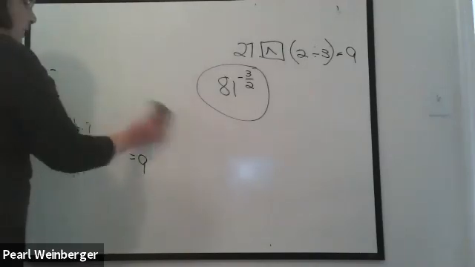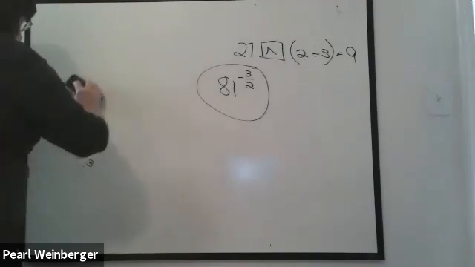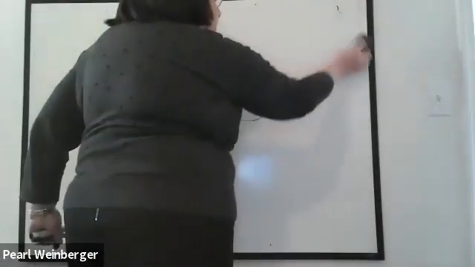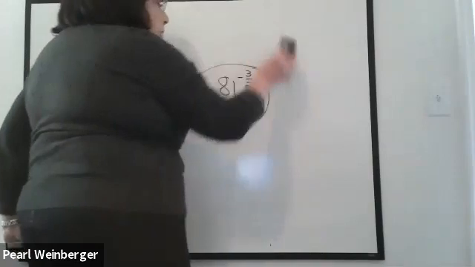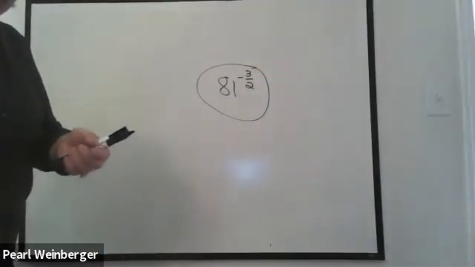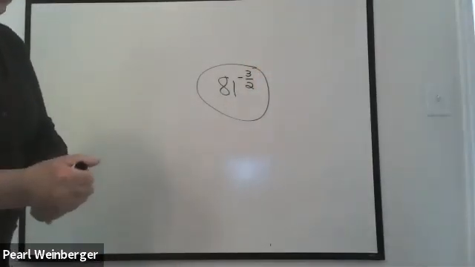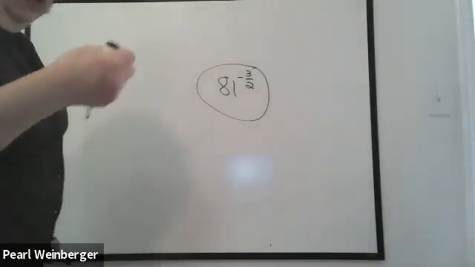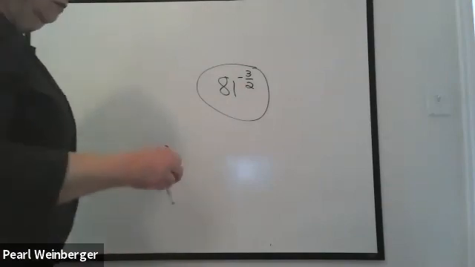Okay, so let's see if we can do this first, just trying to figure it out, and then we'll think what would happen if we put it into our calculator. Now, 81 to the -3/2. There are a lot of things going on here.